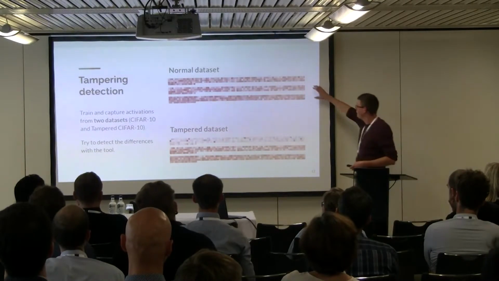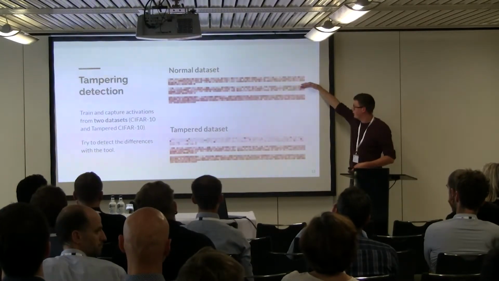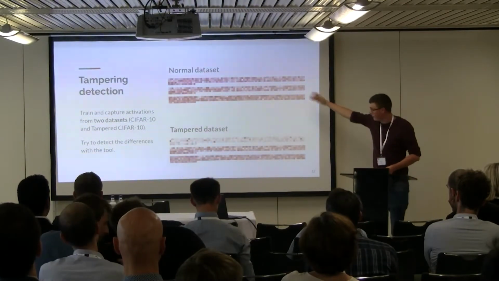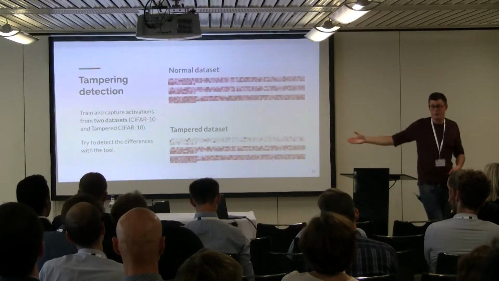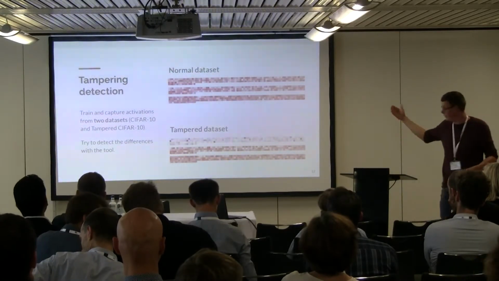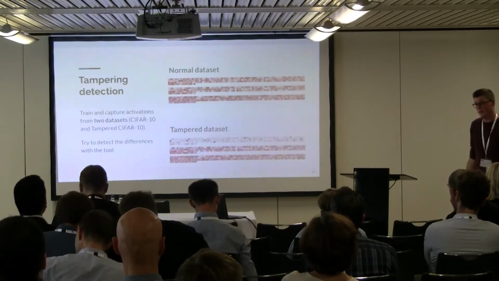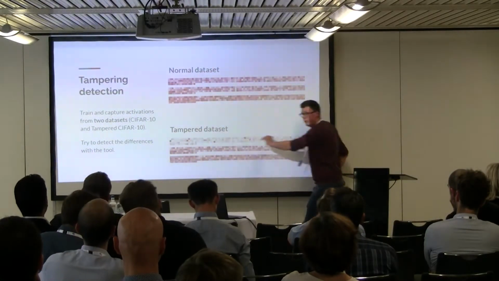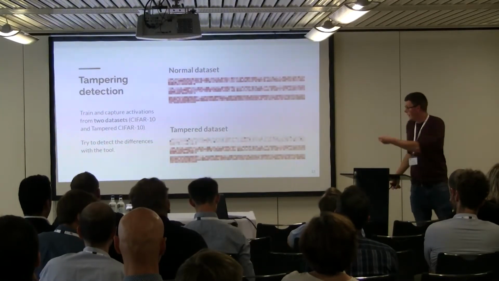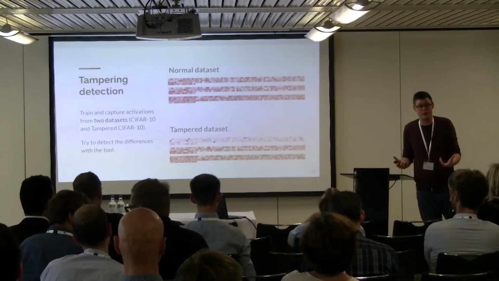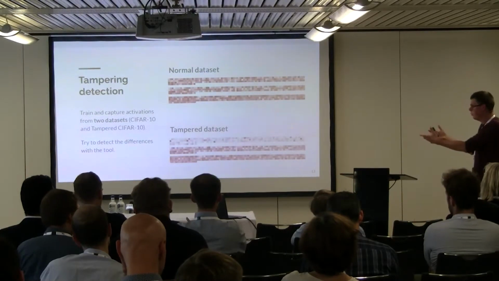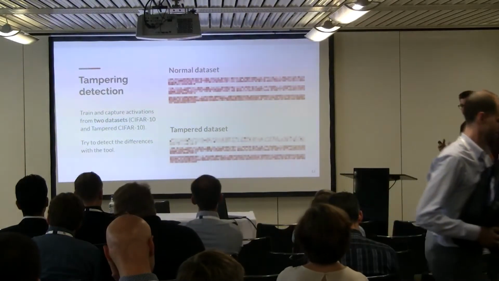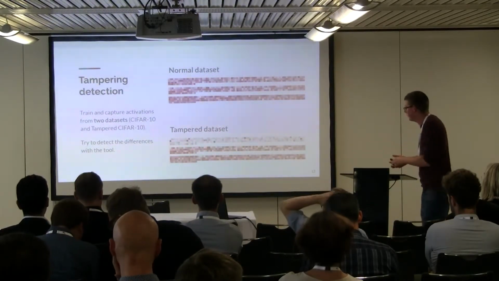Here you have the fifth layer for the first, second, and third class for the normal dataset, and at the bottom the fifth layer again for the first, second, and third class for the tampered dataset. What we see here is that it learned a lot fewer features, and that's why it doesn't use the space it has. It's a good way to detect a tampered dataset. It's not really specific, but we can see that.